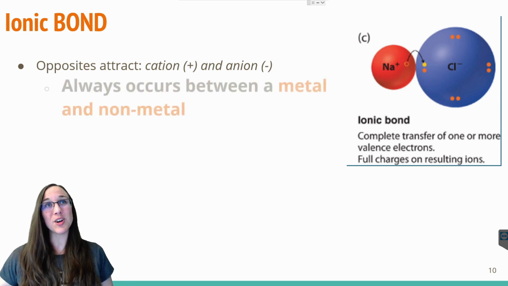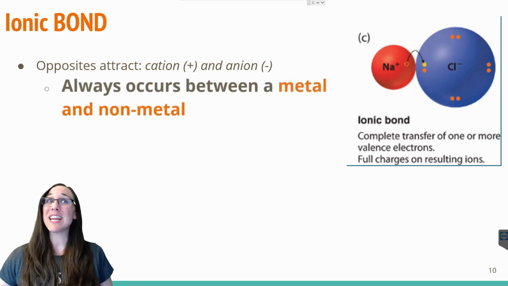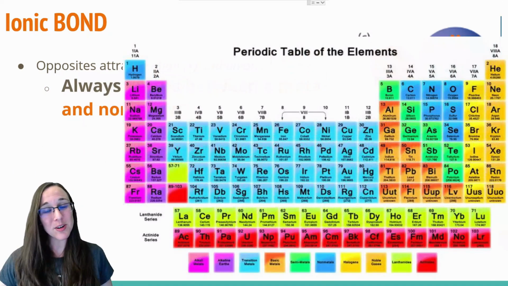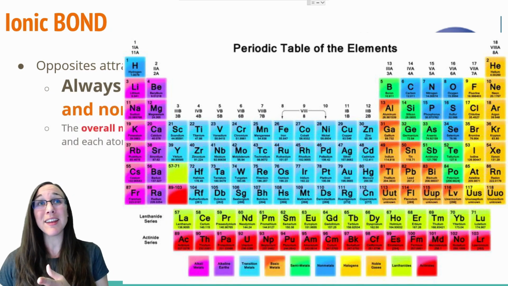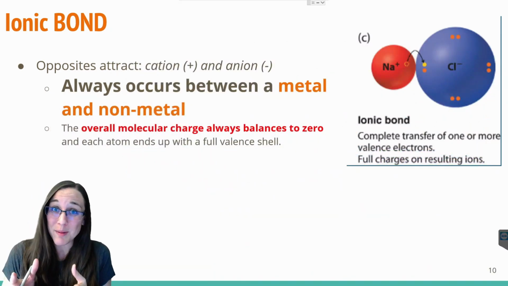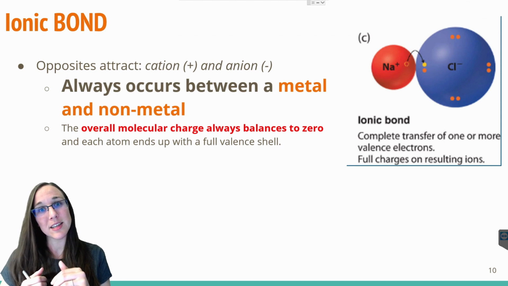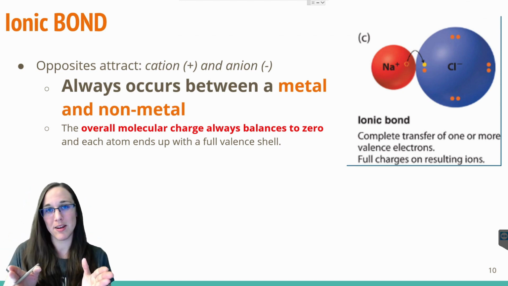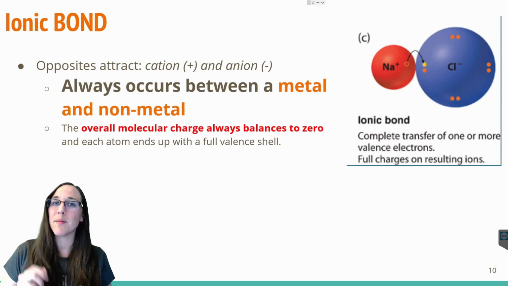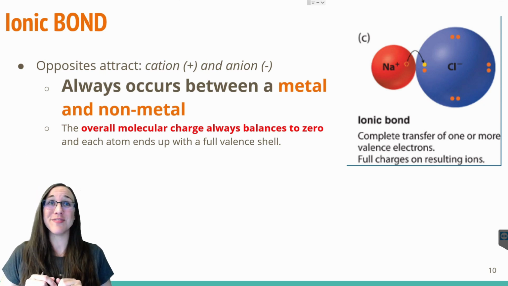And they always occur between a metal and a nonmetal. So if you go back to your periodic table and you happen to notice that there's a metal atom connected to a nonmetal atom, it's going to be an ionic bond. Whereas with covalent bonds, it was always and only and forever between only nonmetal atoms. So ionic bonds, metal and nonmetal together forever.